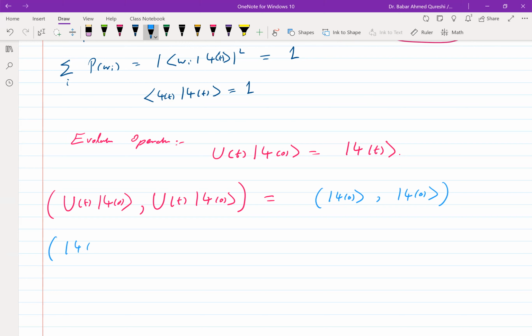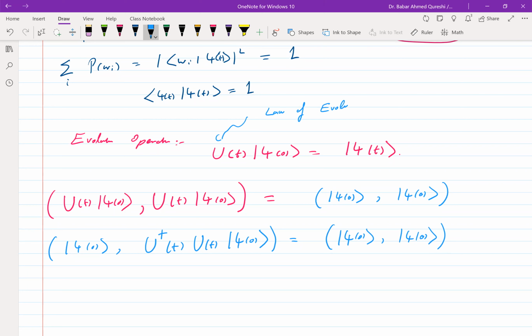So how will that happen? I can bring it here to a dagger. And this evolution operator, this is giving me the law of evolution, or how the system changes for the system. It tells me that when I start from any vector, how it changes over a certain time.